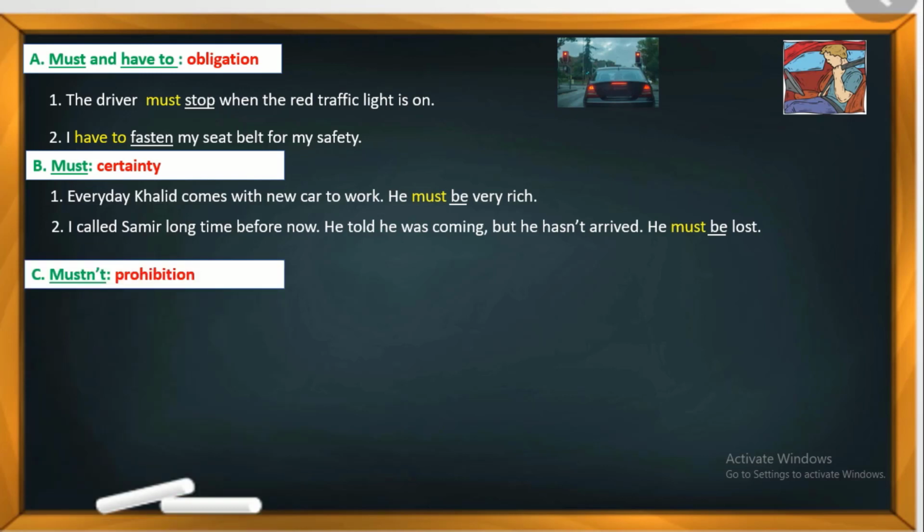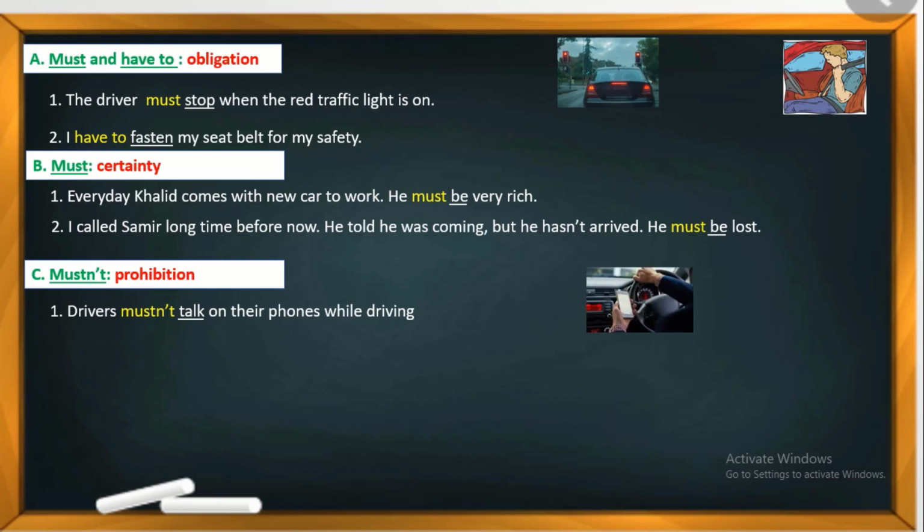Next, mustn't to express prohibition. What does this mean? Let's have a look at the example. Drivers mustn't talk on their phone while driving. If you are driving a car, are you allowed to use your phone, to talk on the phone?